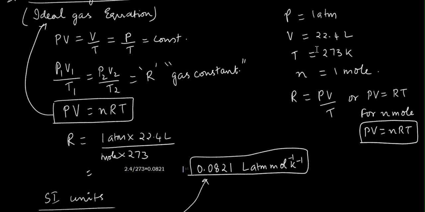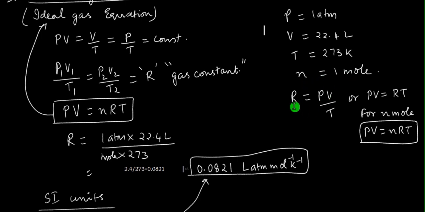Now, what values are we going to take for P? Suppose you take pressure as 1 atmosphere, volume 22.4 liters, temperature 273 Kelvin, for 1 mole of a gas.